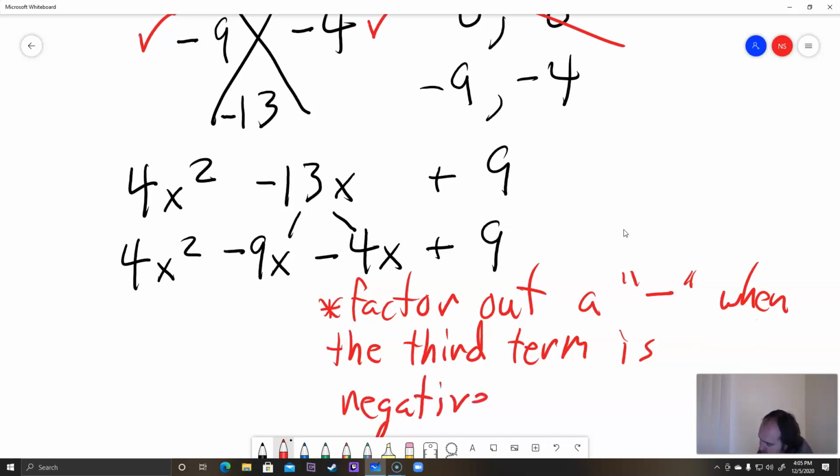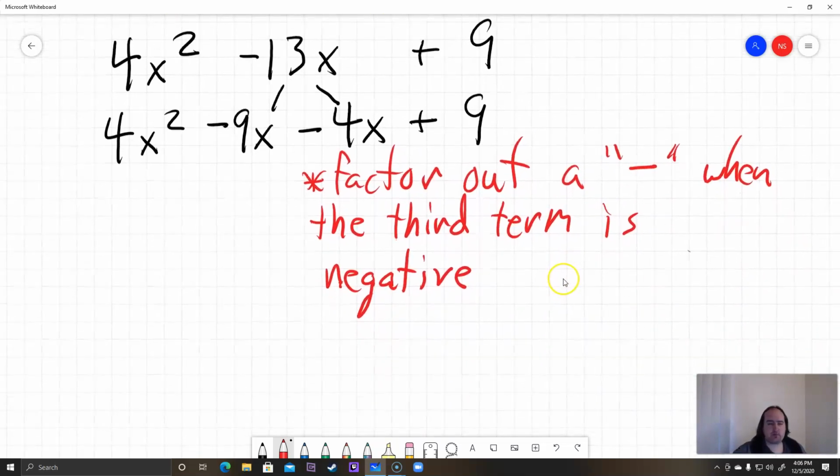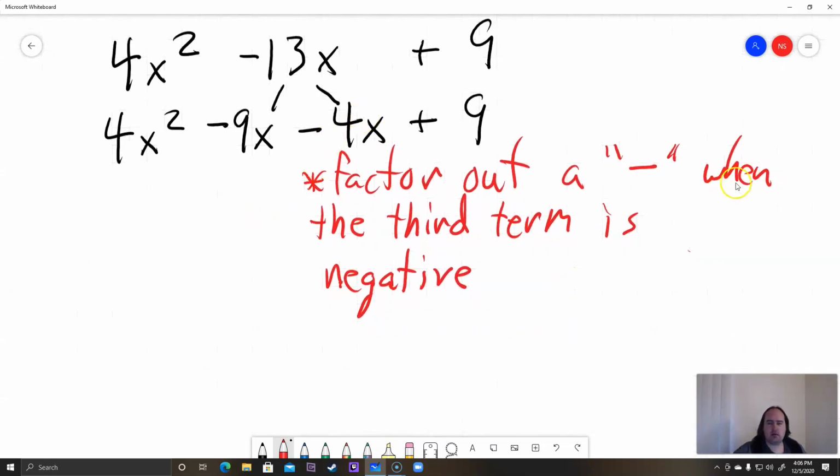That's just a little special case that makes the problem a little bit more challenging. So you need to know what to do in that case because it shows up on your homework like this. Okay? So when I say factor out a minus, I mean factor out a minus from your last two terms.